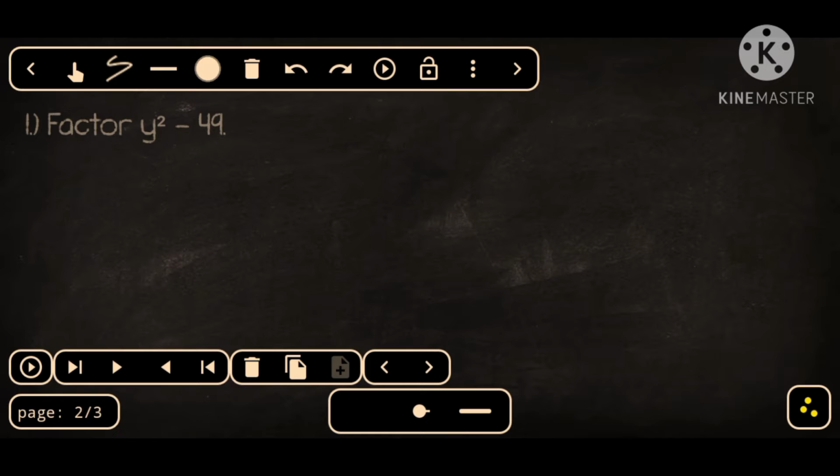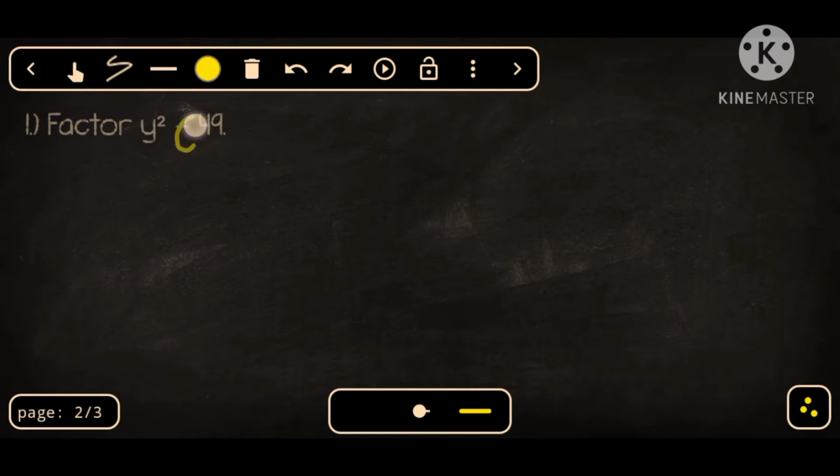Let us check if we can use the difference of squares in this example. We have y squared minus 49. The operation is subtraction, then the first term is raised to 2, and the second term is 49.